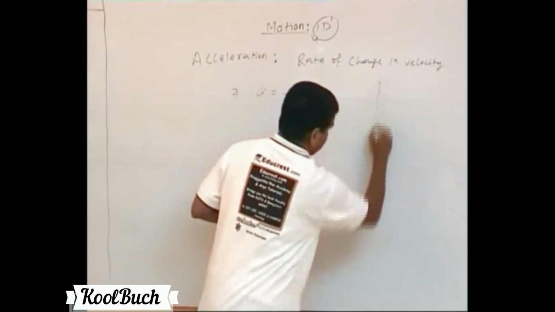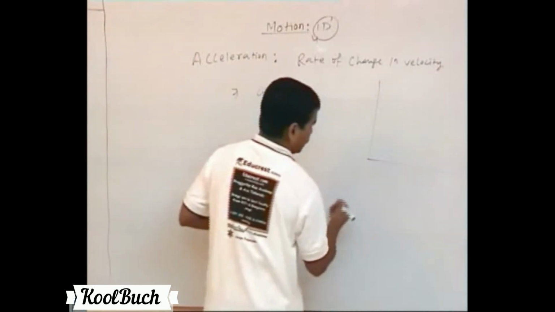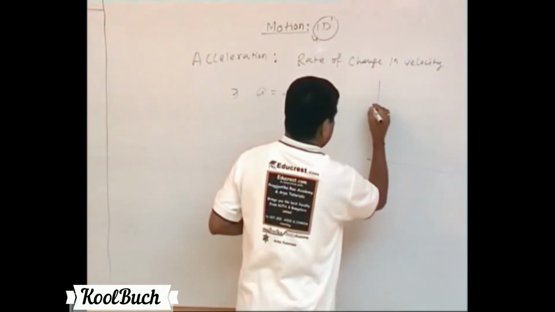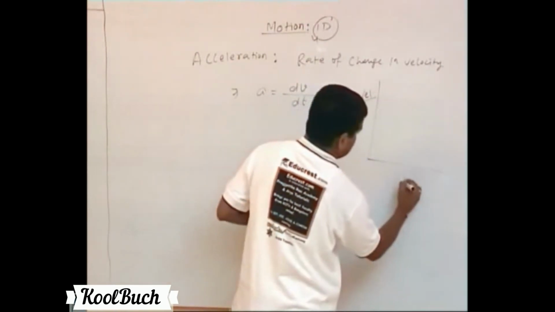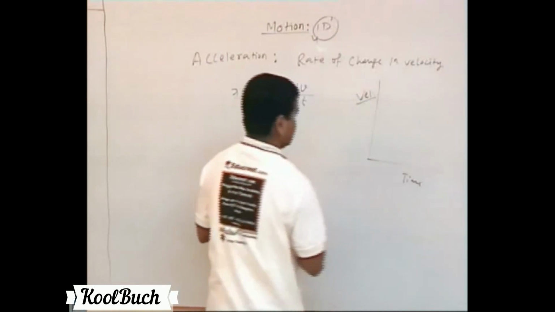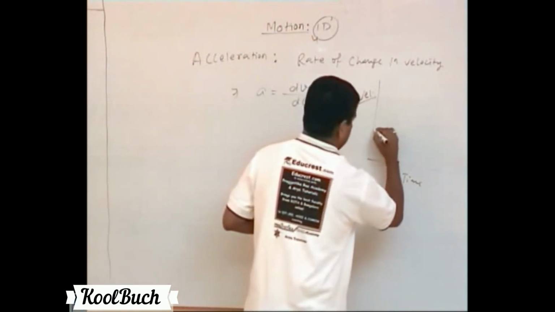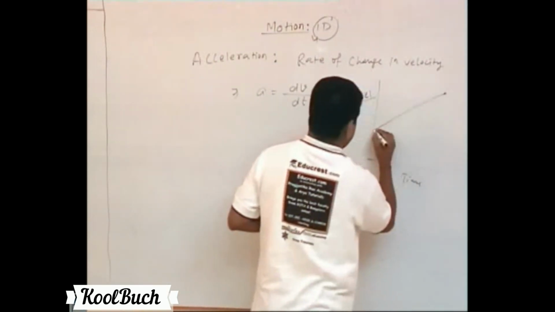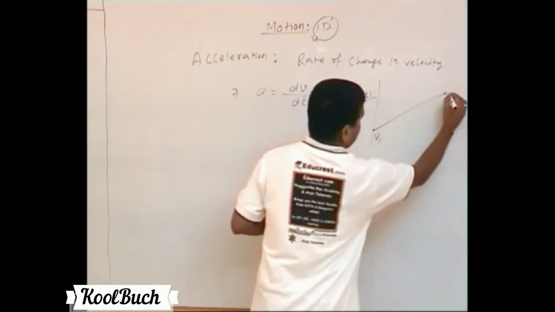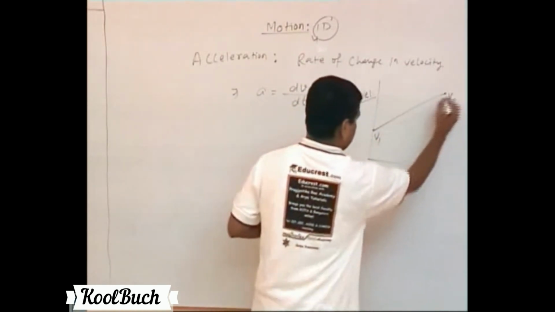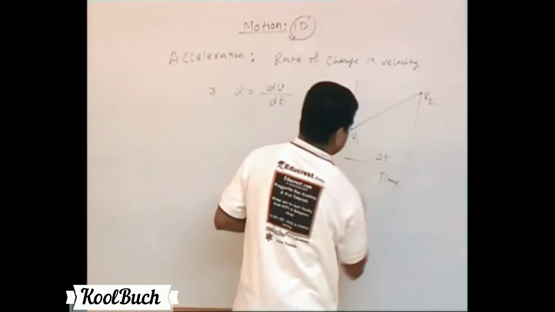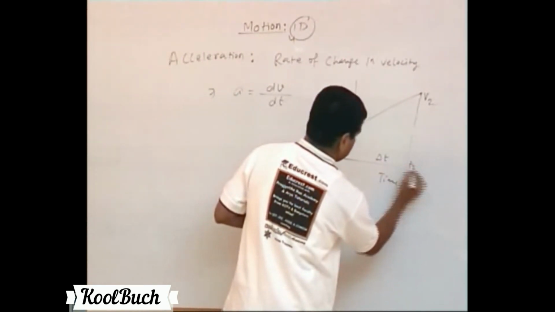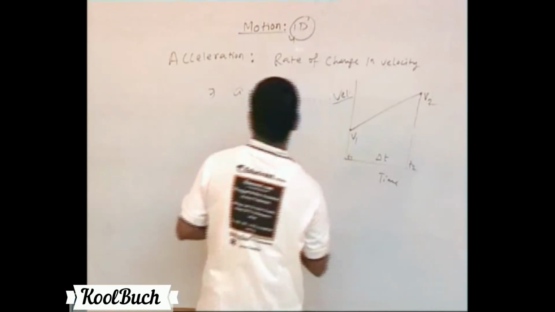In a graphical representation, let's say on this side we are representing velocity, this side we are representing time. Let's say initial velocity v1, final velocity v2, and time taken is delta t, which is t2 minus t1.